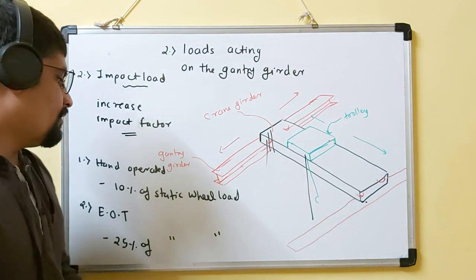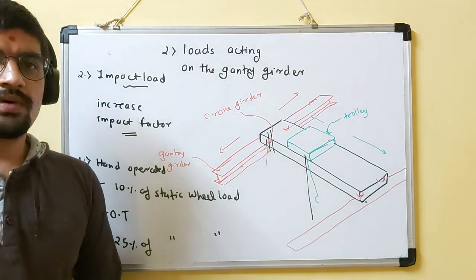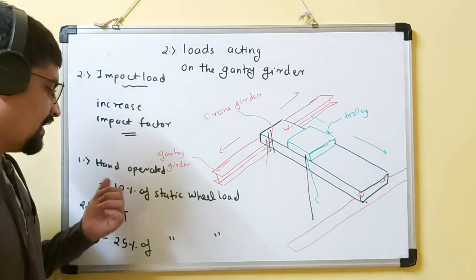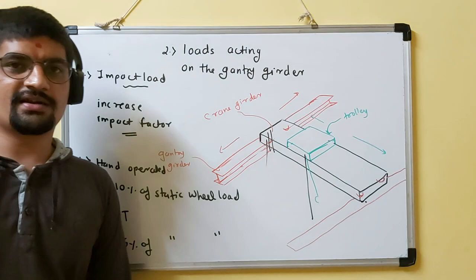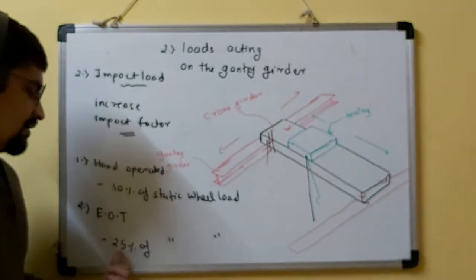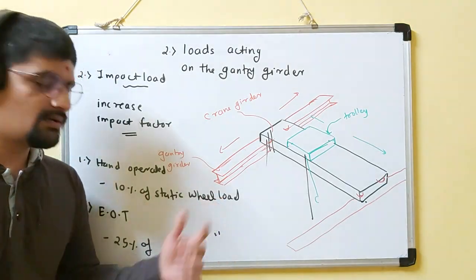Means whenever we use a hand operated crane, we need to increase by 10% of static wheel load, and when we use an electrically operated crane, we need to increase by 25% of static wheel load.